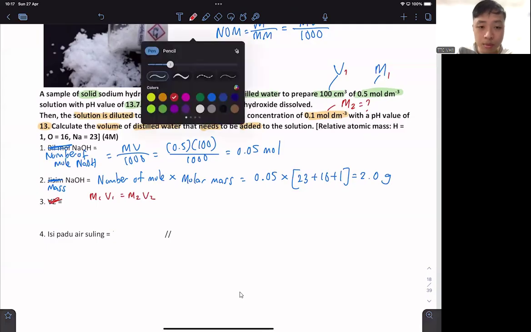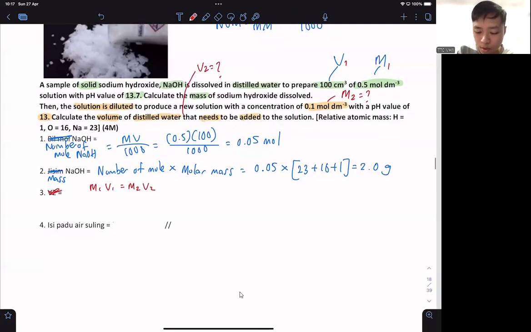Then your M1 is 0.5, V1 is 100, M2 is 0.1, and V2 is what you want to find.